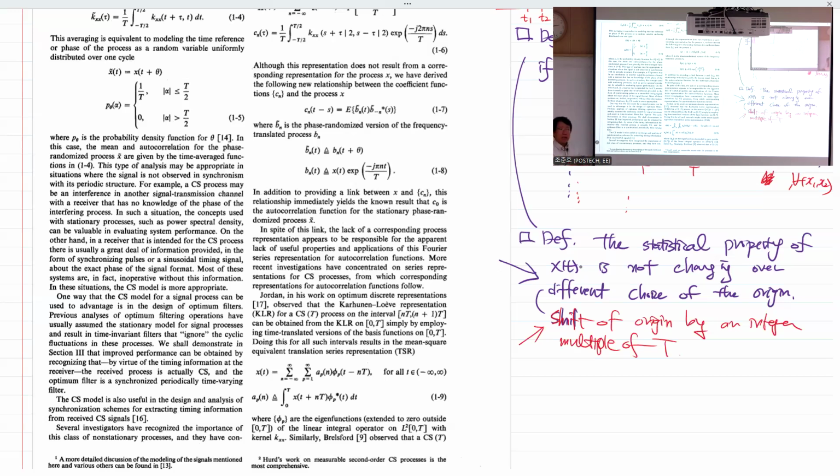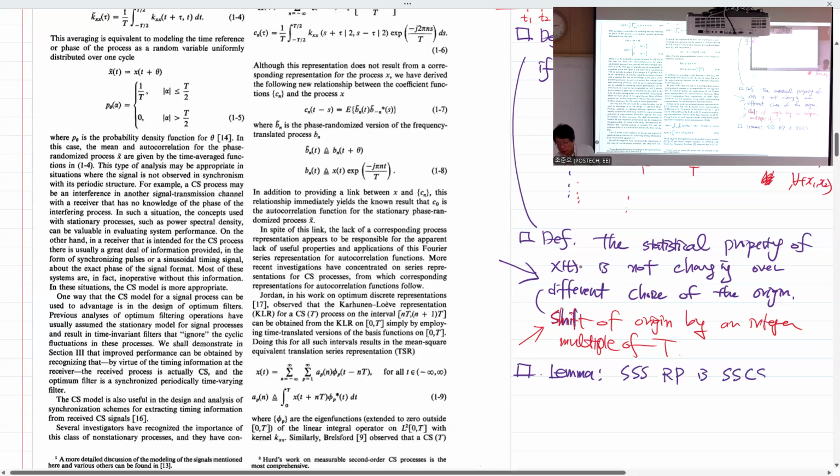So you may find some interesting result. It could be too much to call it a lemma, but let me just say, a strict sense stationary random process is cyclostationary for all translations of the origin, for all t. Okay, so a strict sense stationary random process is strict sense cyclostationary with any T. Got it?